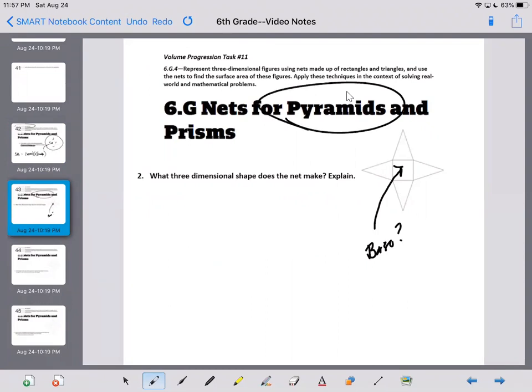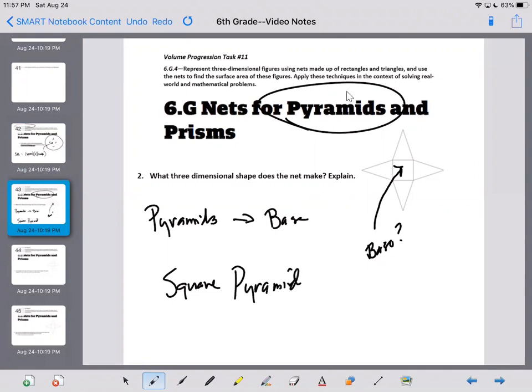So we name pyramids by their base. So this is what we would call a square pyramid. You can have rectangular pyramids, square pyramids, pentagonal pyramids, triangular pyramids. Notice all of those are just about naming the base.